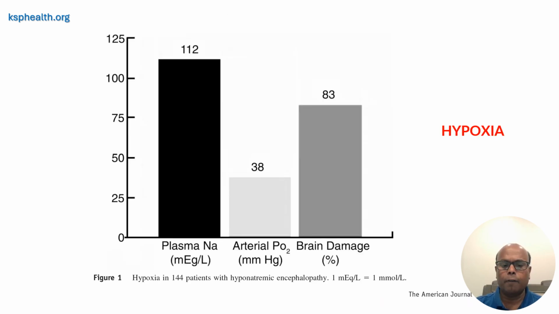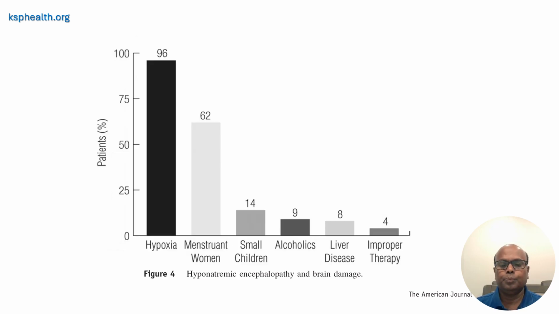This is a picture about 144 patients with hypoxia with hyponatremic encephalopathy. As you can see, when you have low serum sodium and low arterial oxygen content, there is an 83% chance of developing brain damage. This picture depicts hyponatremic encephalopathy and brain damage. 96% of those individuals had hypoxia.